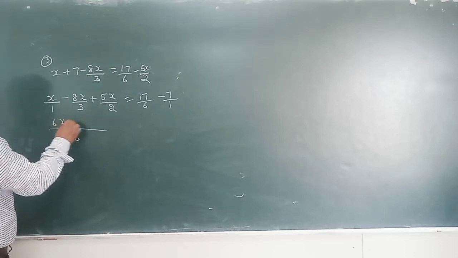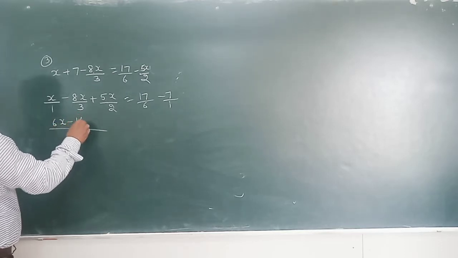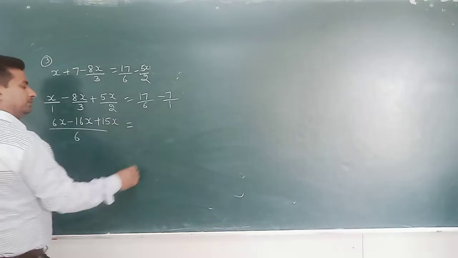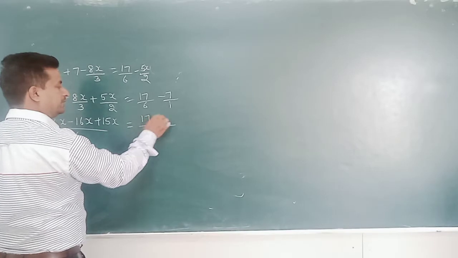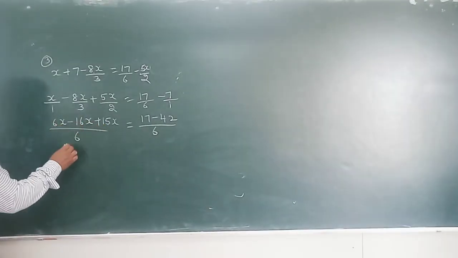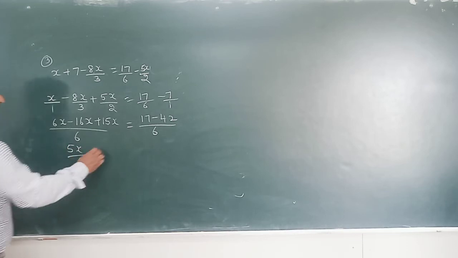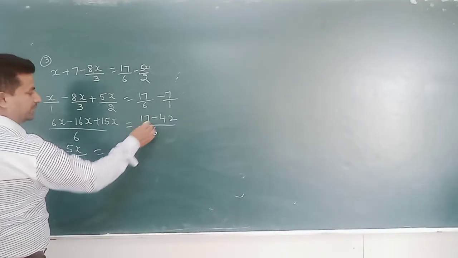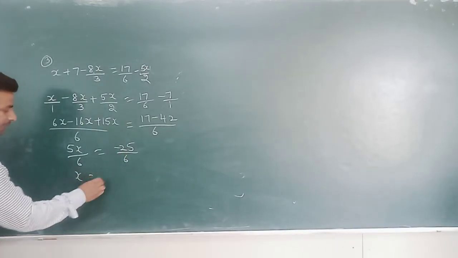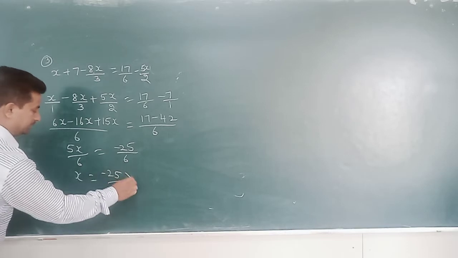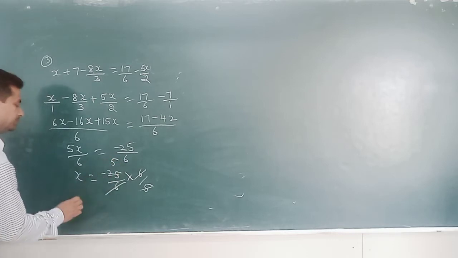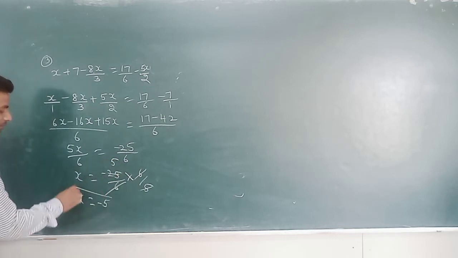This is 3x. 3, 2. 17 minus 42. So this is 21. Then x is 25 upon 6, this is 6 upon 5. This cancels out 5. So value of x is minus 1.